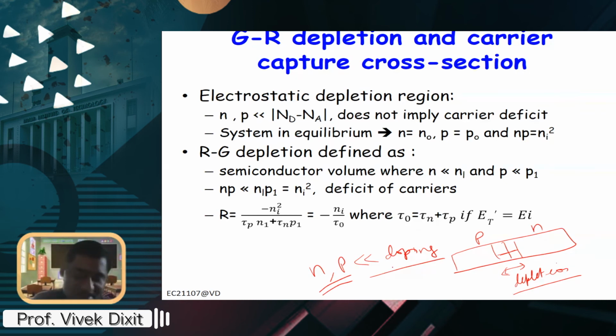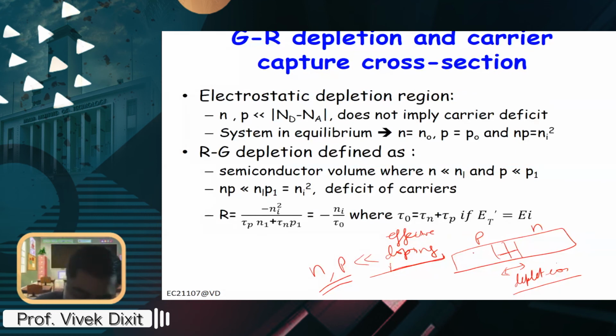See, if you have doping, let's say n doping or p doping, or you can write effective doping here, then your electron or hole concentration will be equal to the respective doping. So if the concentration is less than that, we call it depleted of carriers.